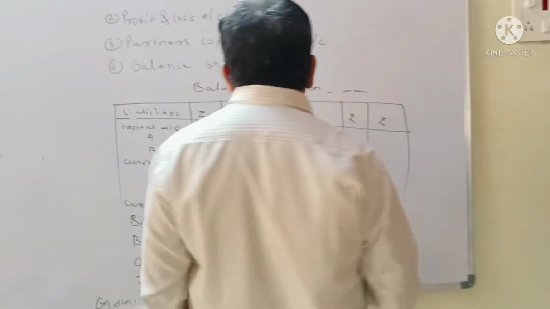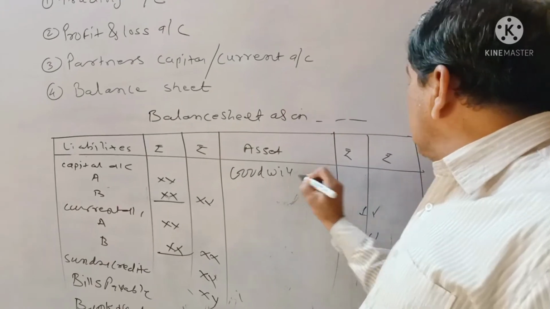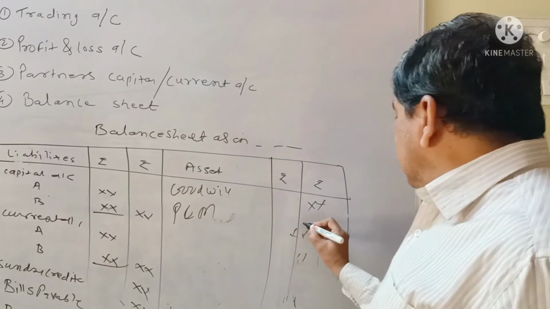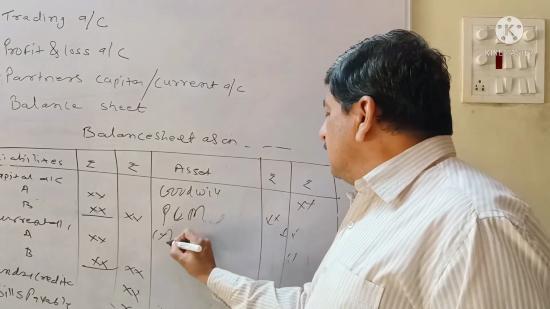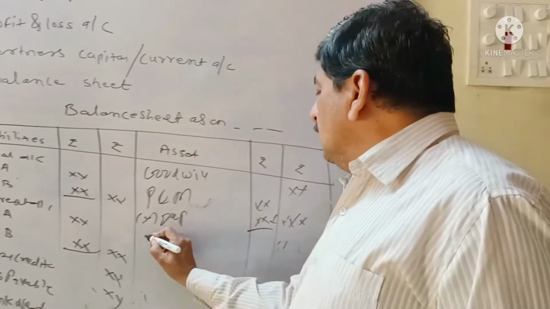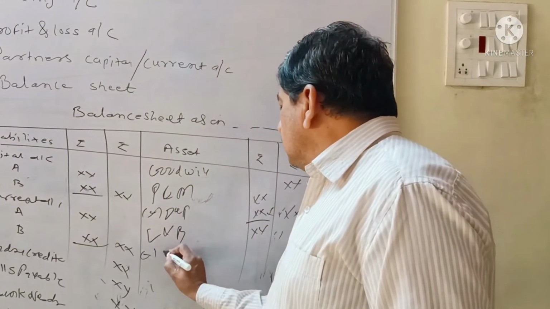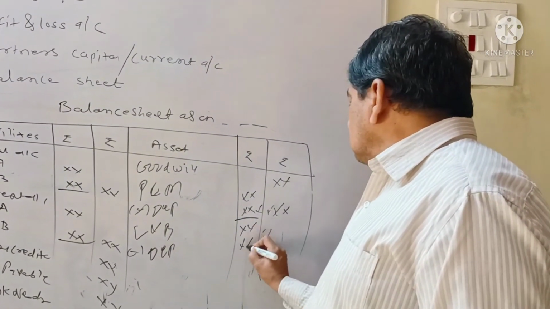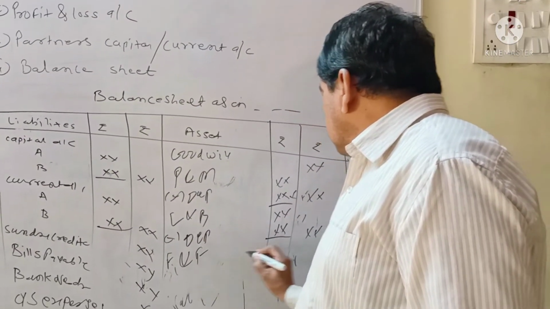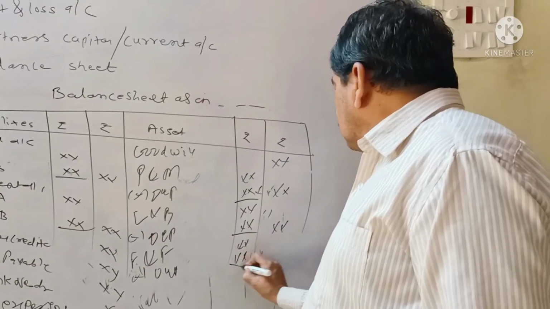Then on the asset side, goodwill is our intangible asset. Plant and machinery, P&M, in the inner column, less depreciation if given, then take the outer column. Land and building, inner column, less depreciation, then the outer column. Furniture and fixtures, inner column, less depreciation, outer column.